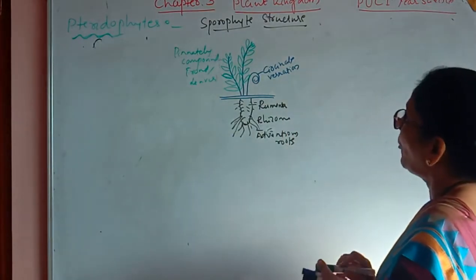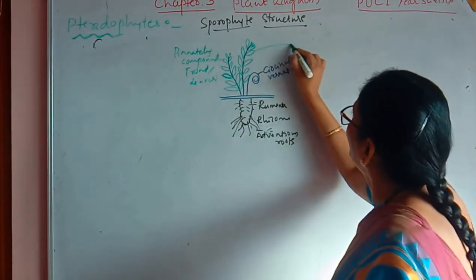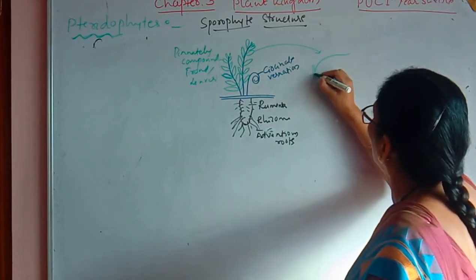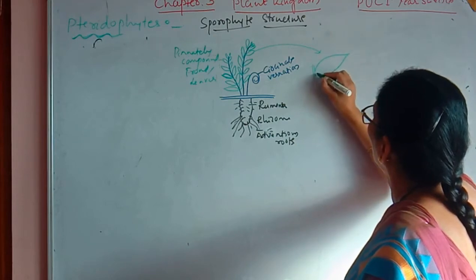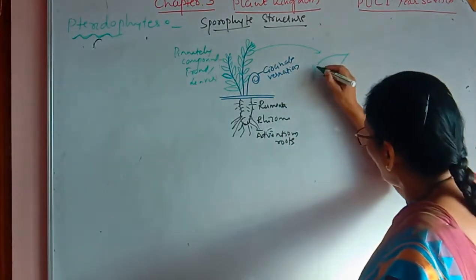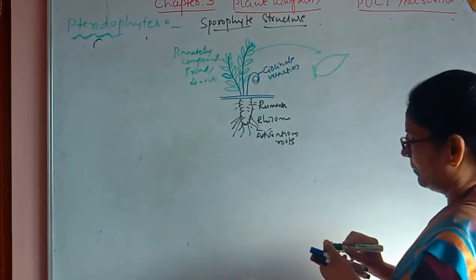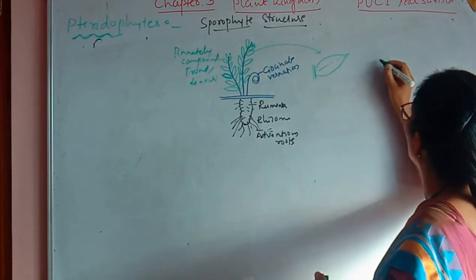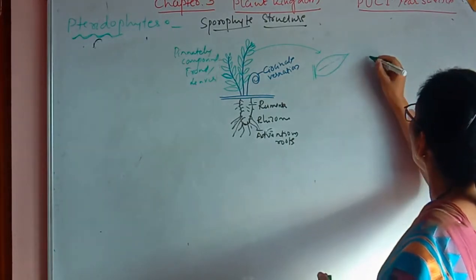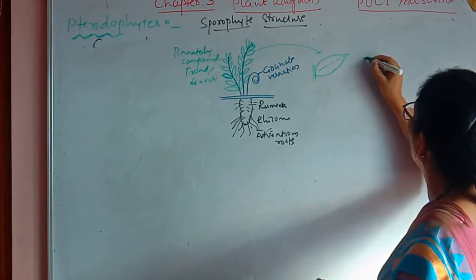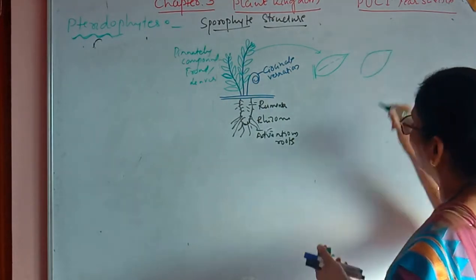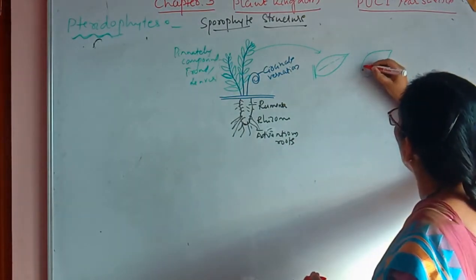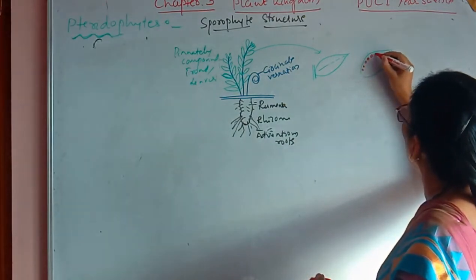So when we observe a single leaf, on the lower surface of the leaf, towards the margin, there are some dark brown structures.